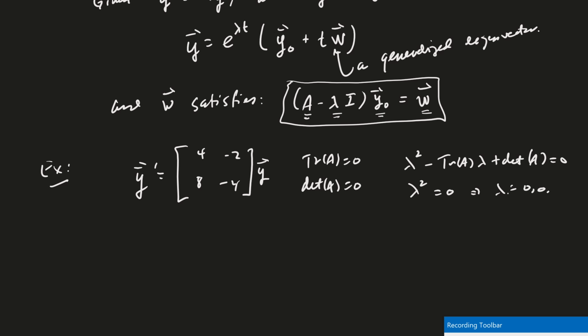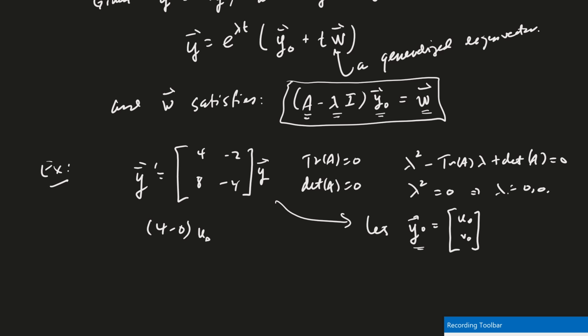And so notice, by the way, that we don't have to solve for the eigenvector in this case. We're taking 4 minus 0 times our y0. Let y0 be equal to, let's call it, u0, v0 maybe. Hopefully that won't be too distracting. I'm just making that a generic number here because I didn't give you a specific y0.